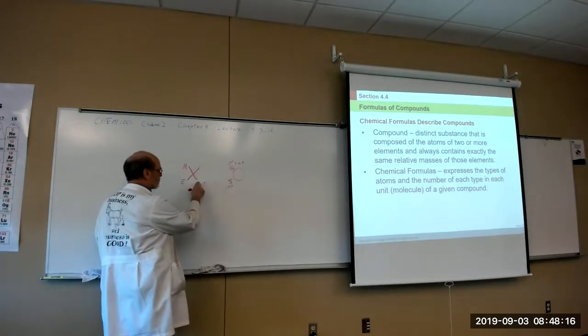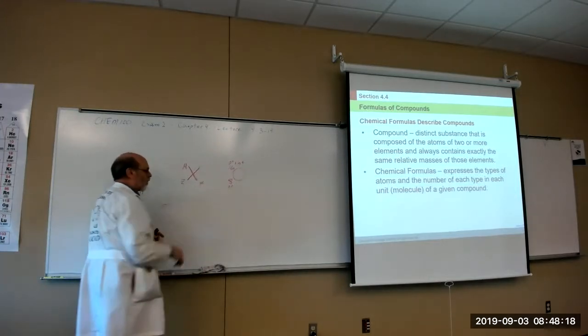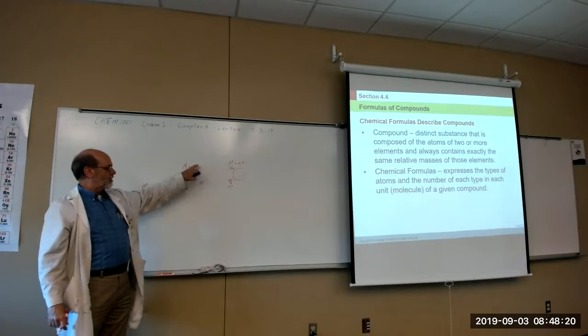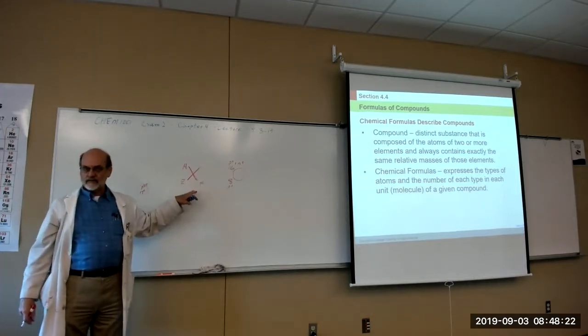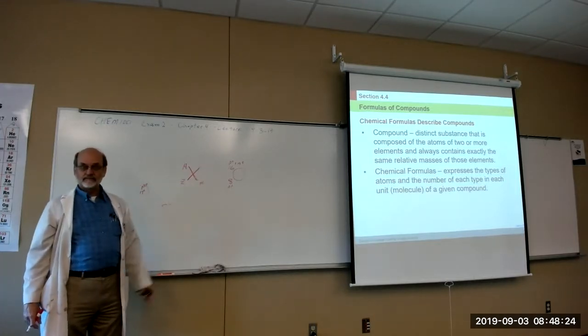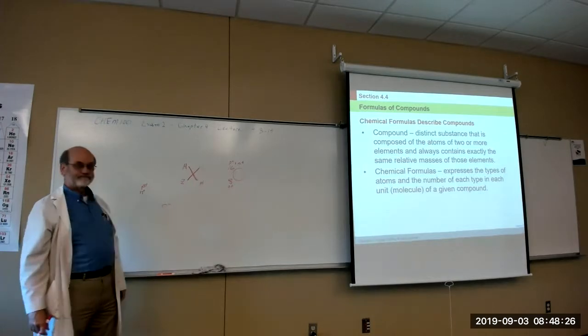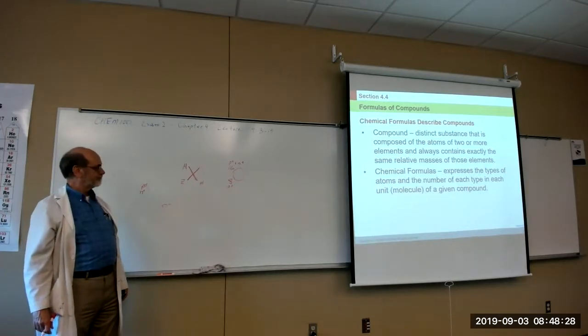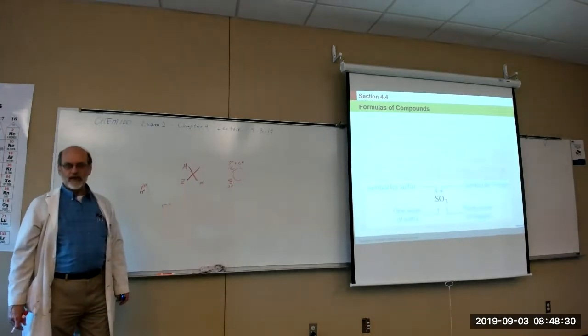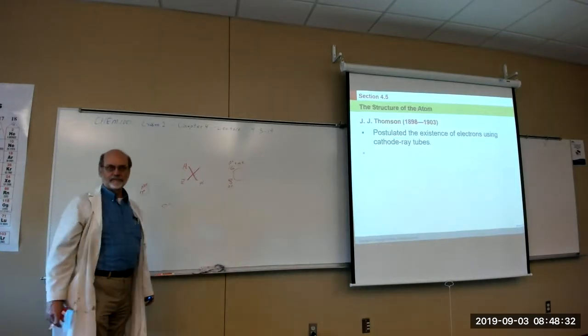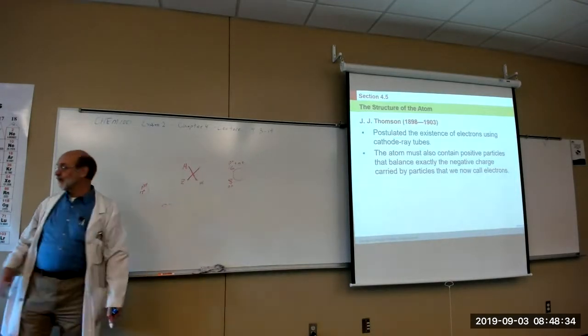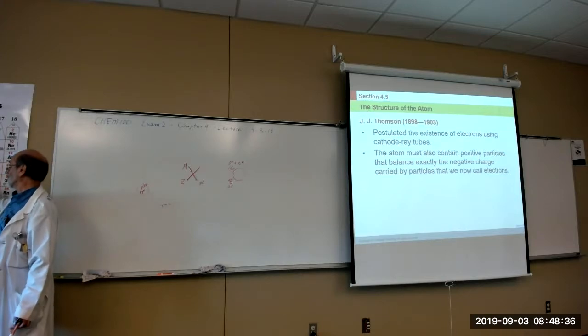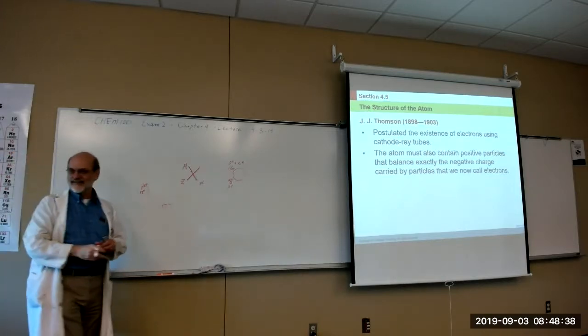This position is reserved for the number of atoms in a compound. Is that number always going to be even? Yeah, they'll be whole numbers. I'll explain later why you got these fractions. Okay.